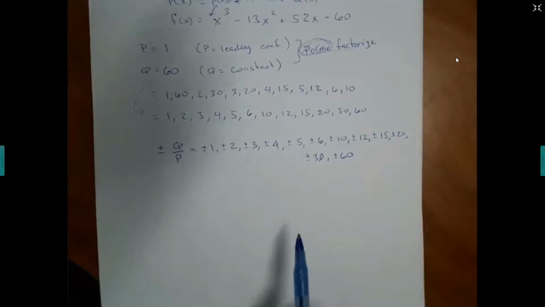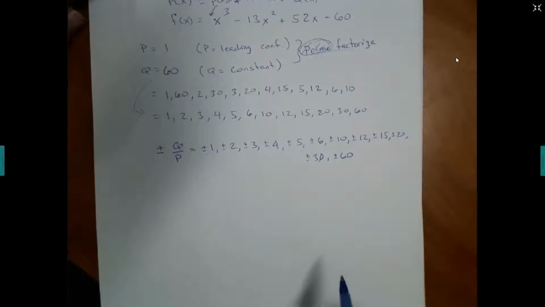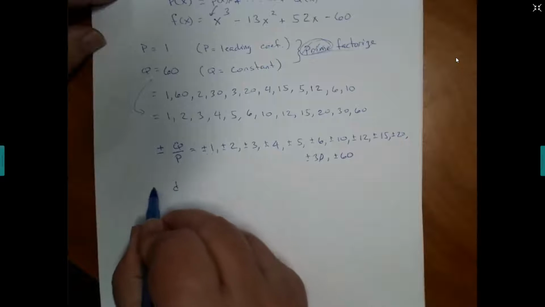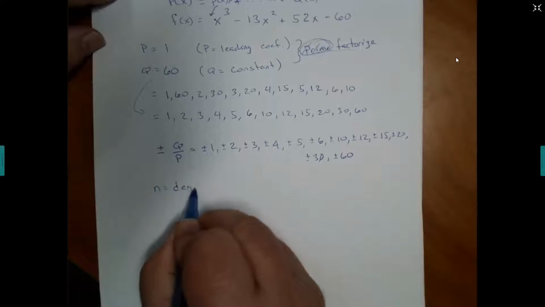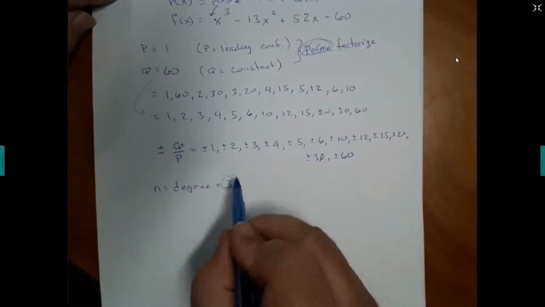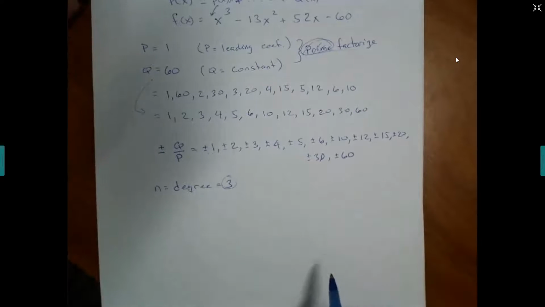But we also know something else. How many of these are going to be the right answers? Since the degree is 3, only 3 of these are the answers.